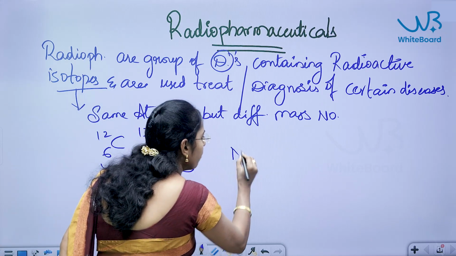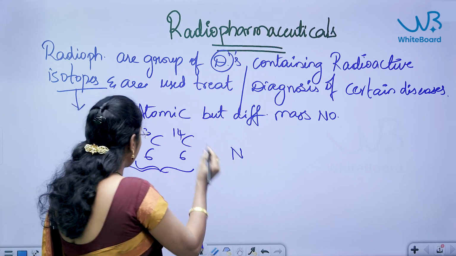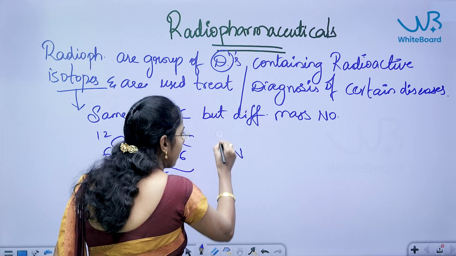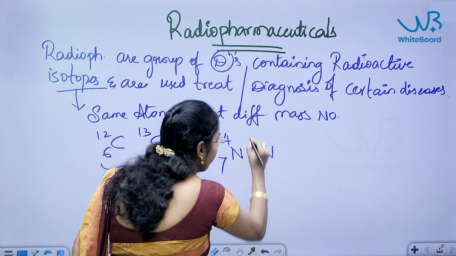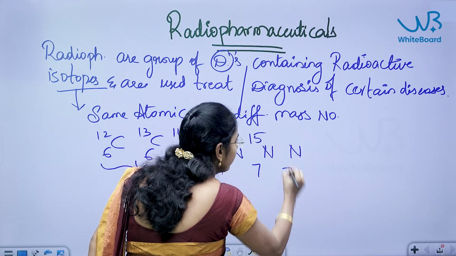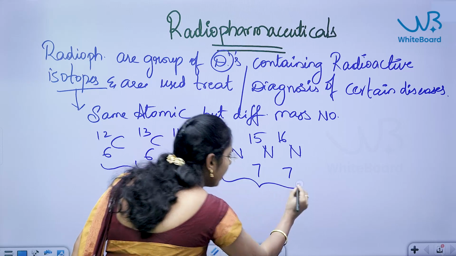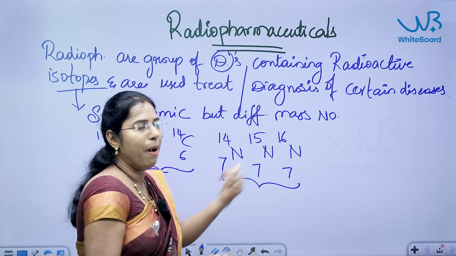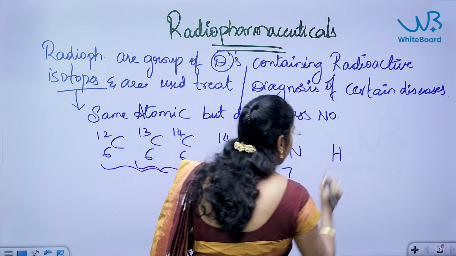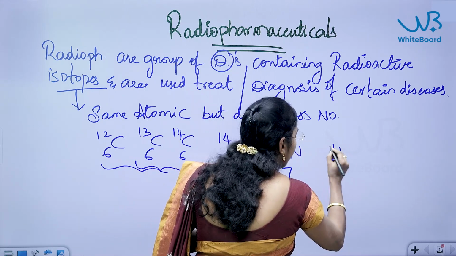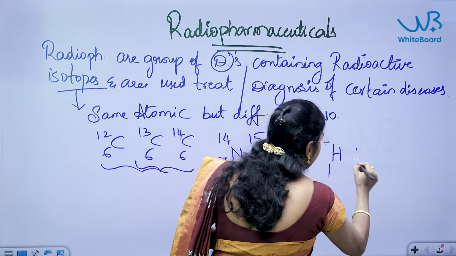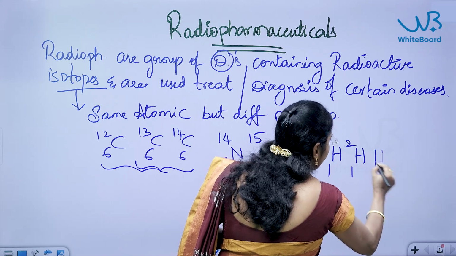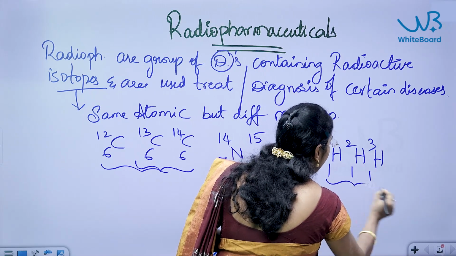In a similar way, if you take nitrogen, there are nitrogen-14, nitrogen-15 and nitrogen-16. These are all isotopes because they have the same atomic number but different mass number. And hydrogen: protium, deuterium, and tritium are isotopes.